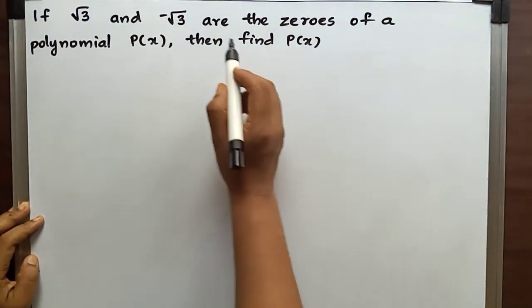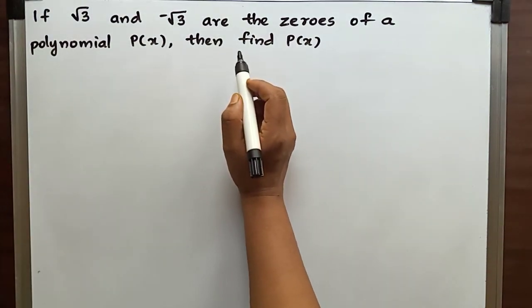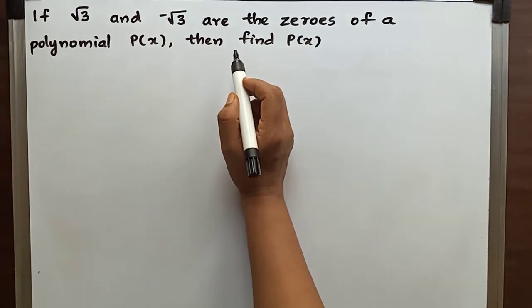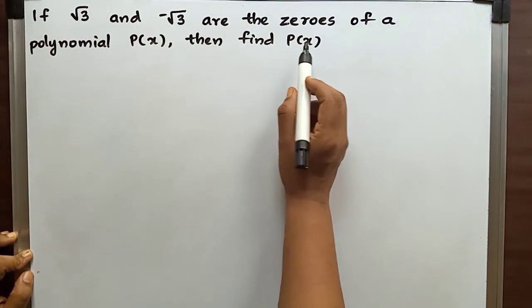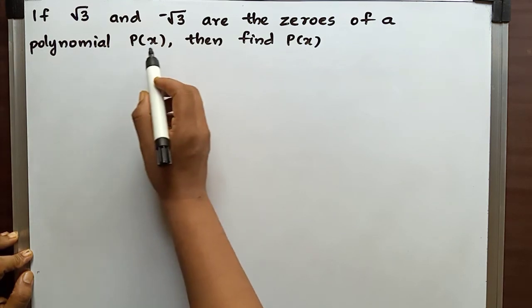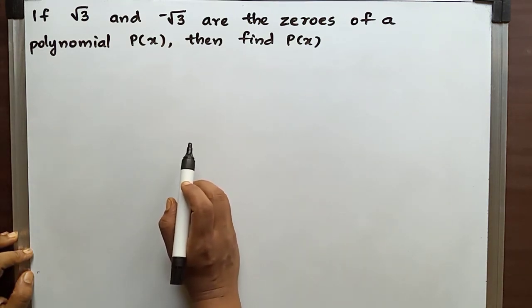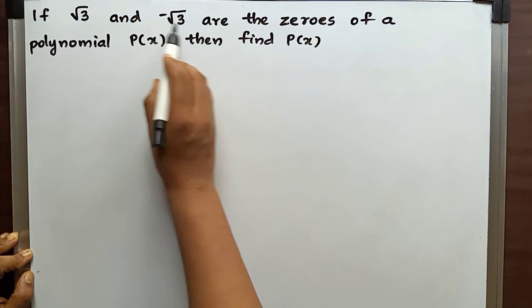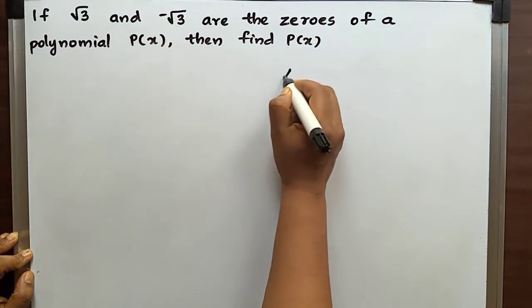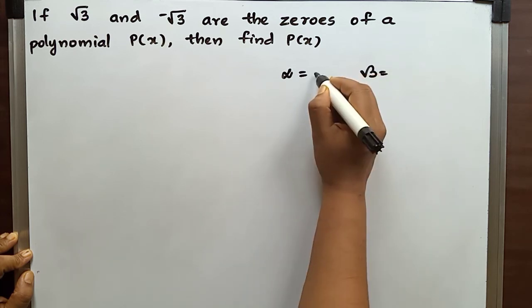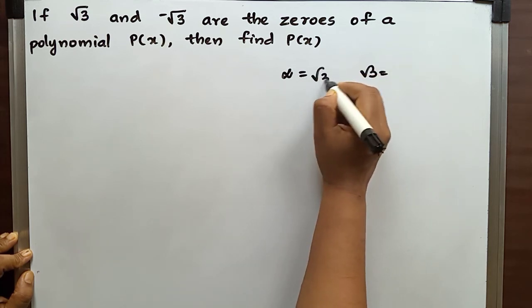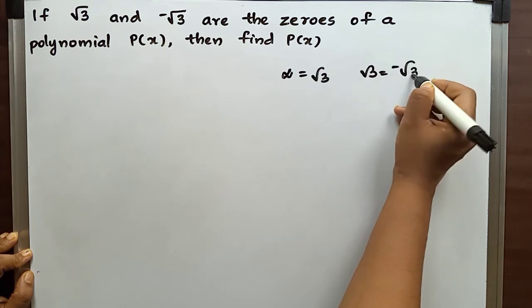This is the last question of this video. Let us read the question. If root 3 and minus root 3 are the zeros of a polynomial p of x, then find p of x. Okay, zeros of the polynomial are given. Alpha and beta are given. Let us take alpha as root 3 and beta as minus root 3.